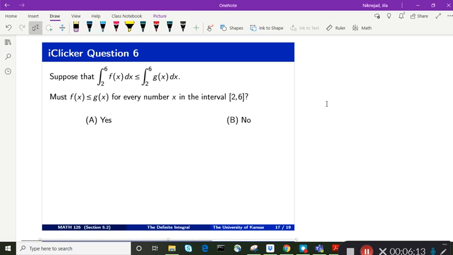So let's look at this. Let's have a function g of x starting at 2 and then ending at 6, and let's say g of x is like this. Okay, and then let's say f of x is like this.